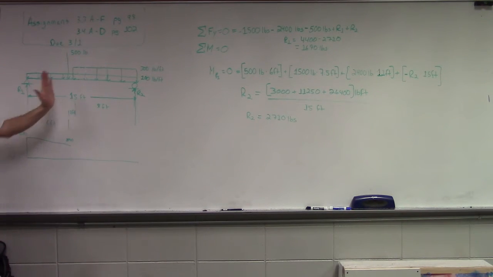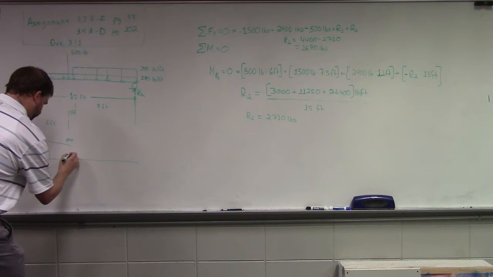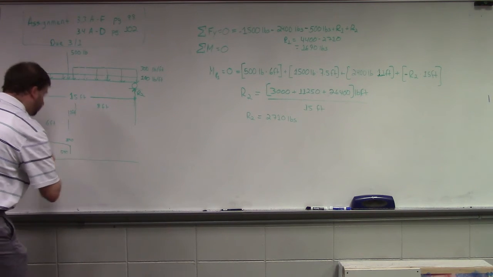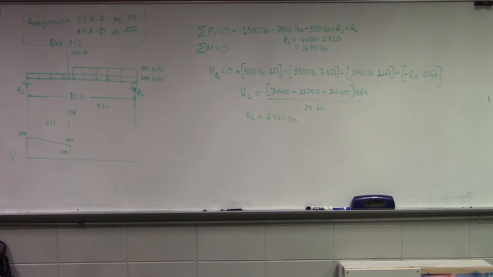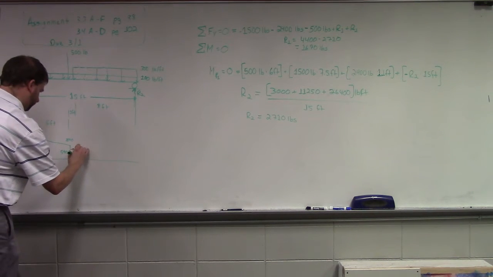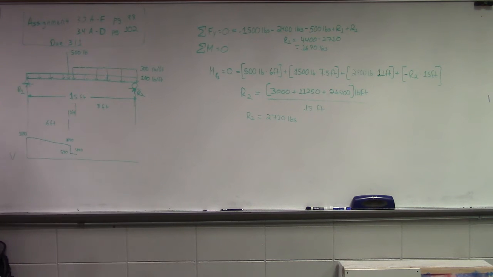And when we get just to the right of our 500-pound force, what is it going to do? Drop to 590. Then what is it going to do for the next foot? It's going to drop 100, right? Then what does it do? It drops 400, right?